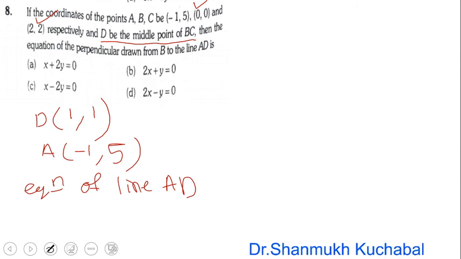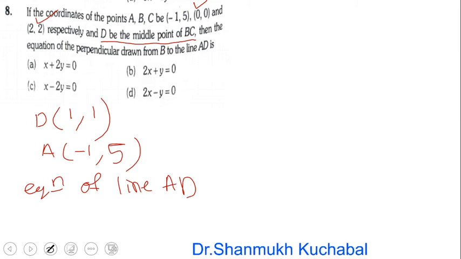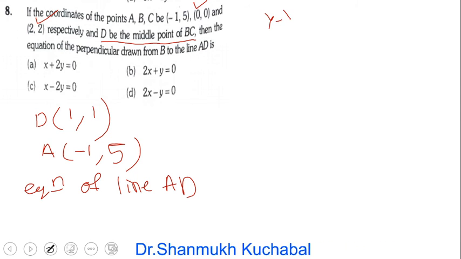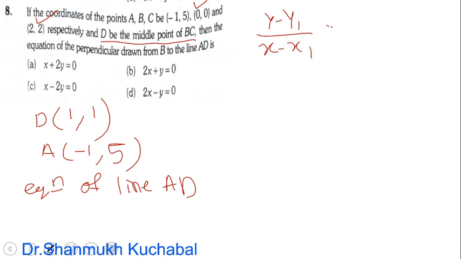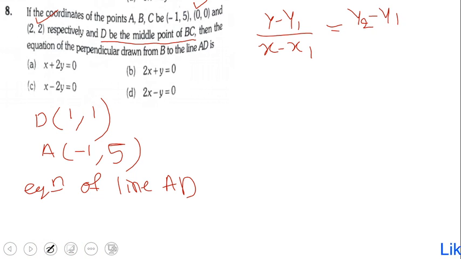We have to use the 2-point formula, that is (y minus y1) divided by (x minus x1) equal to (y2 minus y1) divided by (x2 minus x1).